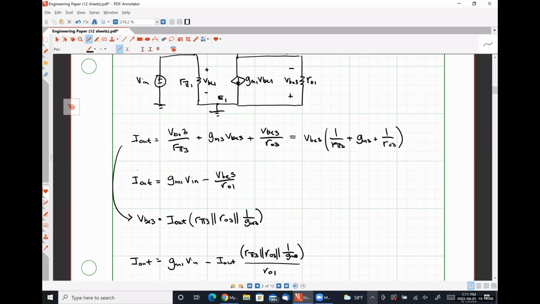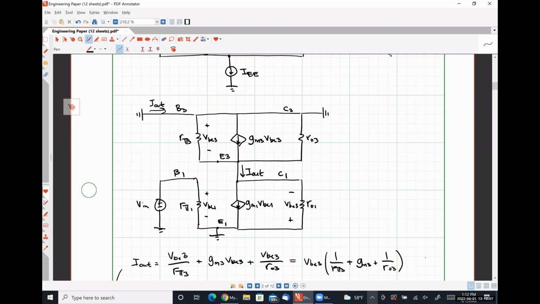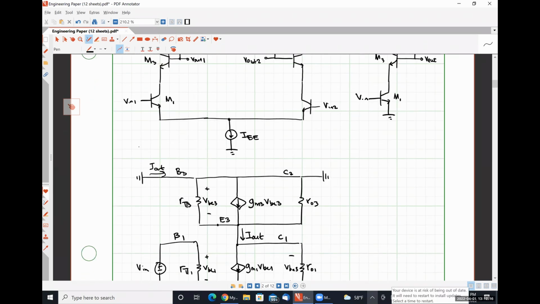It's why we see all three things in parallel here, and then again. We can still treat them as if they're in parallel without that short directly between the base and the collector, because they're all located between that emitter node and ground.